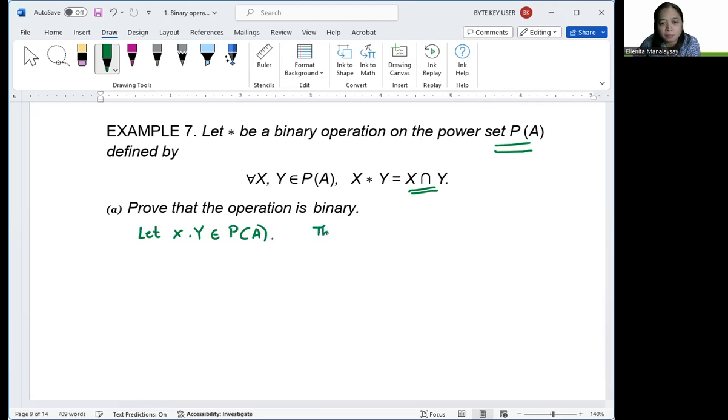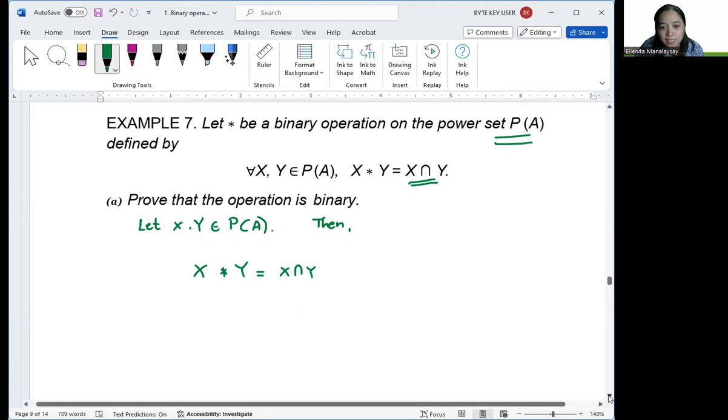Okay, then X star Y is equal to X intersection Y. Okay.